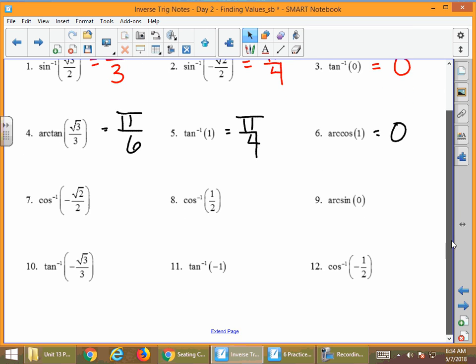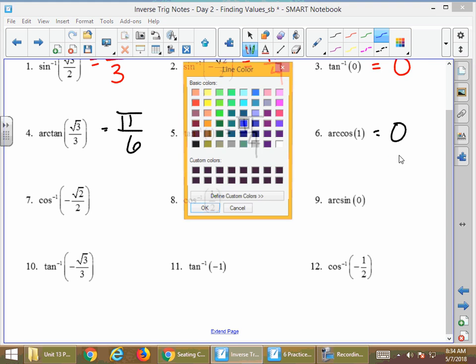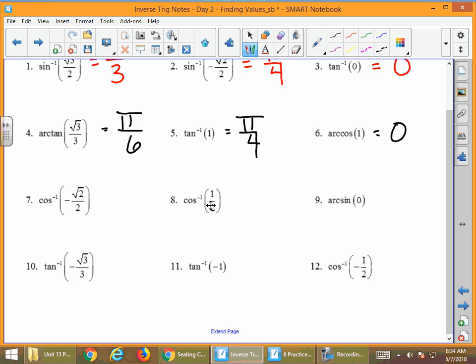So when we get to number 7 here, what angle of cosine has a value of negative radical 2 over 2? This is the one that we need to think about a little bit more closely, because cosine's negative values are going to be in quadrant 2.